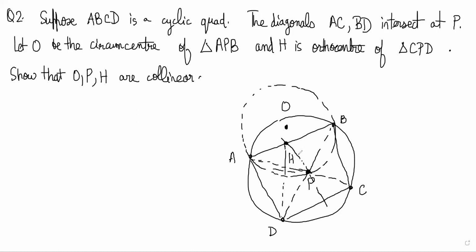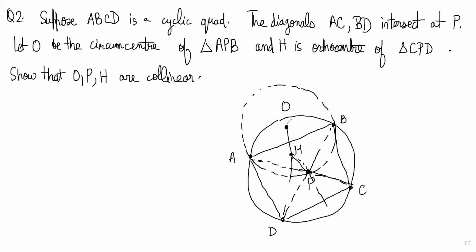So the figure is obviously not looking correct because I have drawn it by hand. O, P and H are collinear. So maybe like this, H, and O, P and H are collinear.